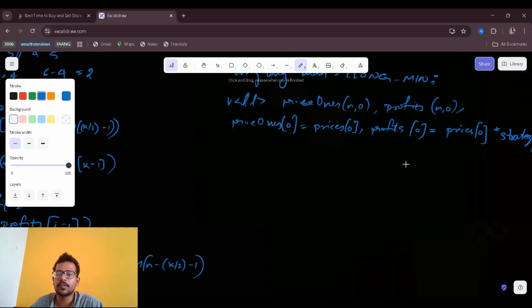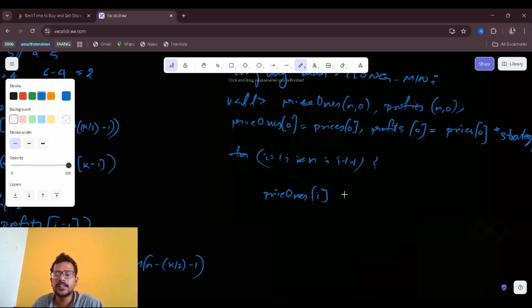Now I need the prefix sum. So for int I is equal to 1, I is less than n, I plus plus, I just need prices ones of I is equal to prices ones of I minus 1 plus prices of I.